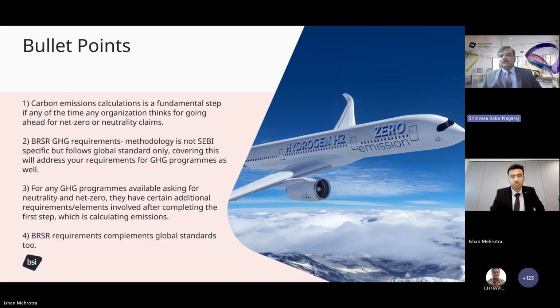Thanks, Ishan. It's a great question. I'll explain a little. The first phase is with respect to scope 1 and scope 2. Yes, accurate scope 1 and scope 2 emission data will definitely provide a clear baseline to understand the organization's current carbon footprint.